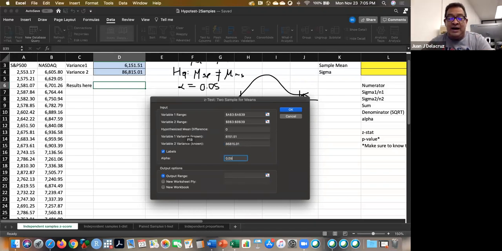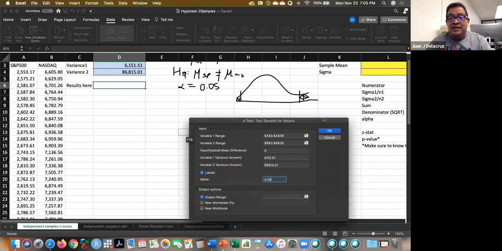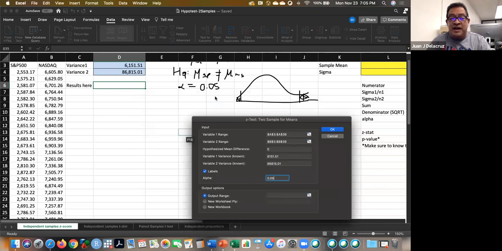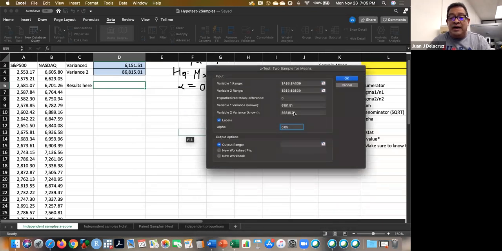I'm gonna show you how you can find the data without specifying whether it's a 2-tailed test or a 1-tailed test. Here I know it's a 2-tailed test, and I'm gonna still use the 5%. I don't have to do anything different. So I'm gonna say I want a 5%.